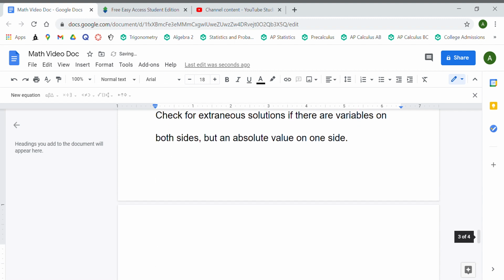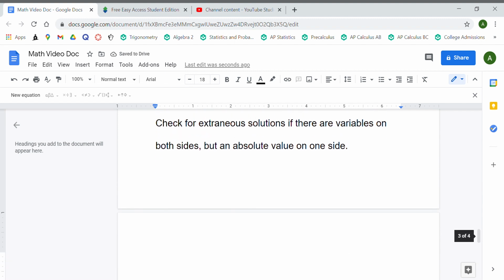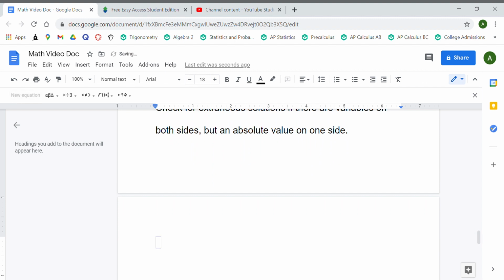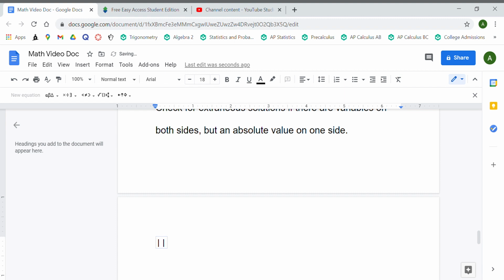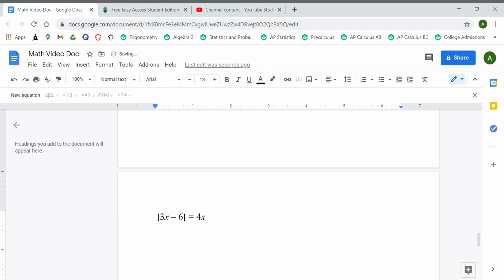Now, here's where it's going to get important. Here's an example of where this is important. So let's say we have |3x minus 6| equals 4x. So what we do here is split this up into two equations.